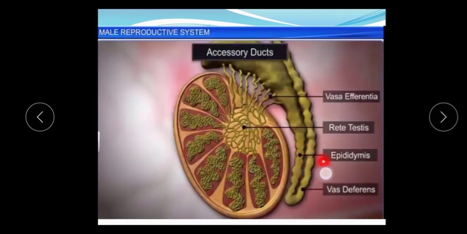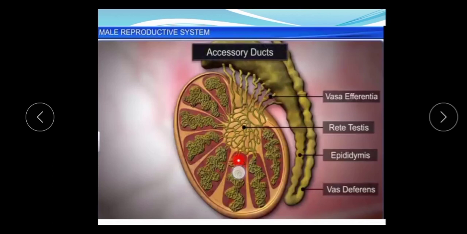The epididymis leads into the vas deferens, which receives a duct from the seminal vesicles and opens into the urethra as the ejaculatory duct. Let's follow the journey of a sperm.